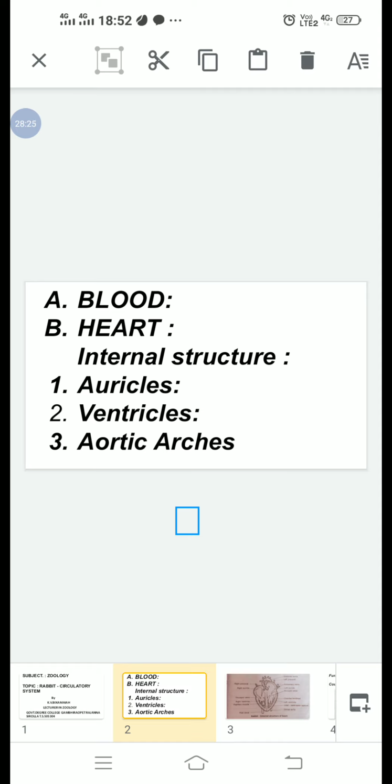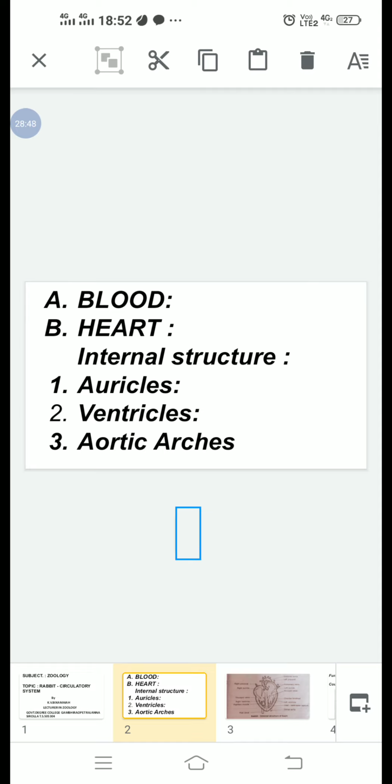It is enclosed by a double-layered membrane called the pericardium. The two layers are separated by a narrow pericardial cavity, which is filled with pericardial fluid. This fluid reduces friction between the two layers and allows free movement of the heart.